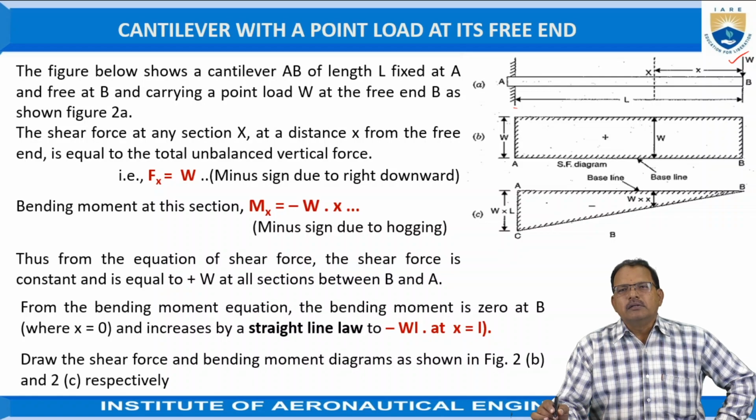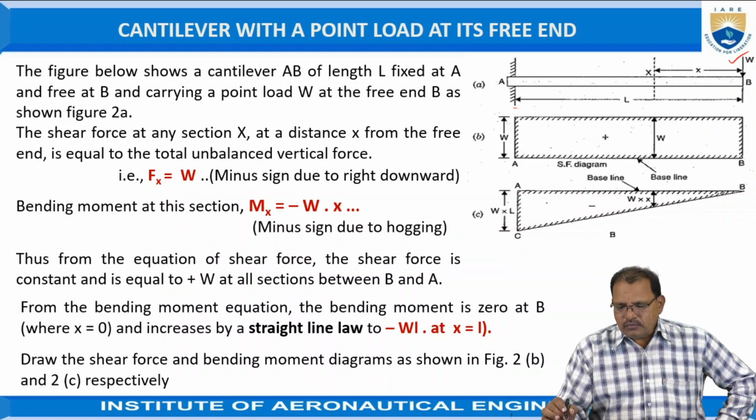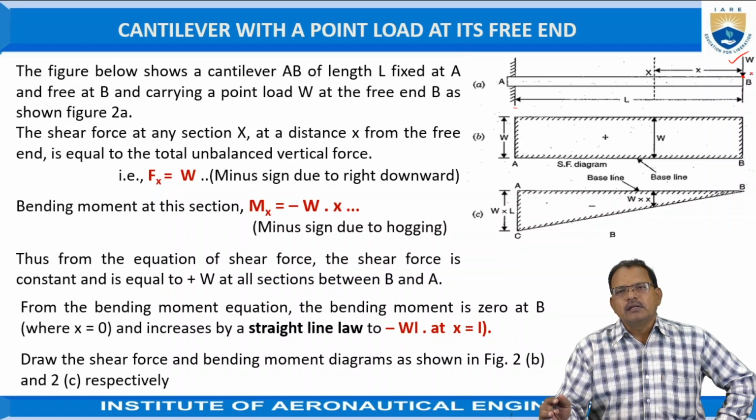Now the bending moment at B is equal to force into distance. That means the bending moment at B is equal to W into 0, since we are taking the reference from the right-hand side, so W into 0 is equal to 0. At B it is 0.